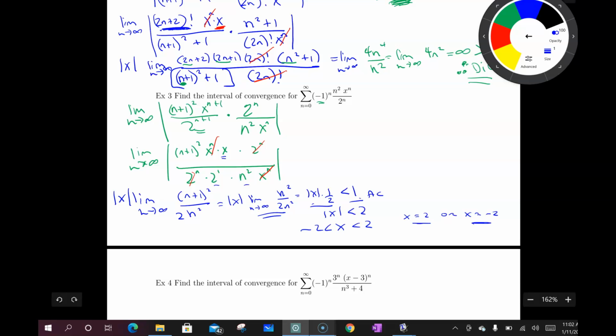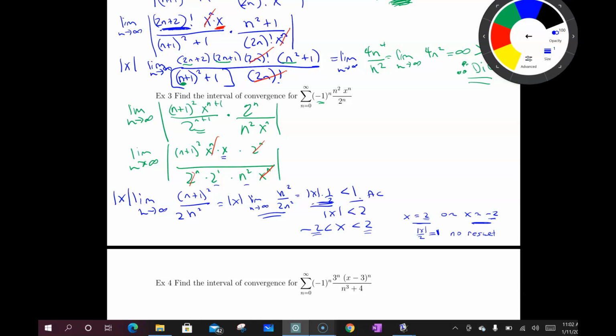These two values come from the answer of absolute value of x over 2 equaling 1. Remember, when the ratio test equals 1, there's no result. So that means I need to set absolute value of x equal to 2. So that's when x is equal to 2 or -2. And it's always going to be these endpoints when I solve here.